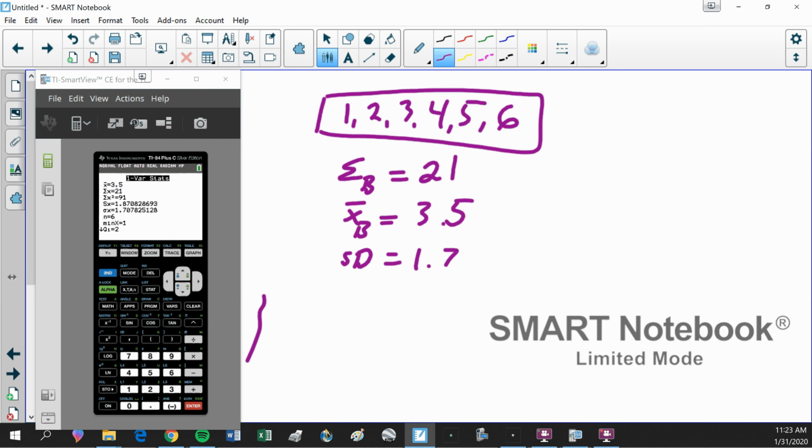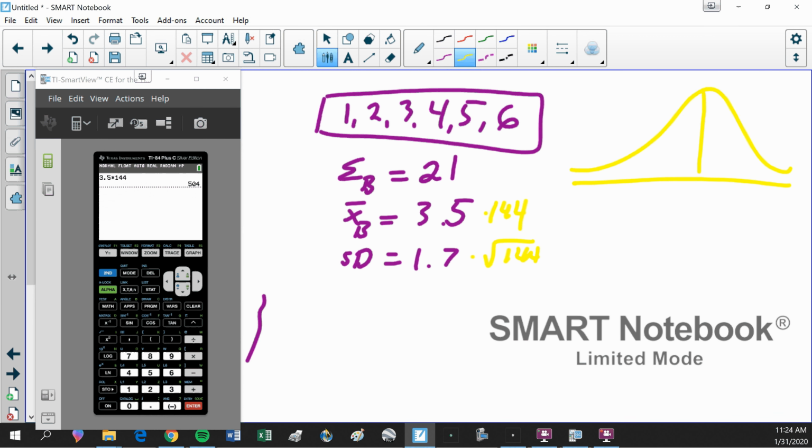Okay, number 4, calculate the expected value and standard error for 144 rolls. So my expected value is going to be 3.5 times 144, and my standard error is going to be 1.7 times the square root of 144. So 3.5 times 144 is 504.